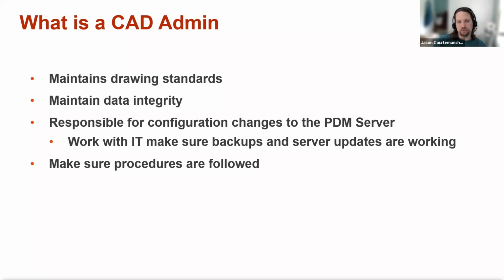There's a lot of features in Vault. It's easy to forget and not fully use Inventor or Vault, and the CAD admin really helps with the standards, making sure that everyone's following, whether it's top-down modeling or bottom-up or a hybrid approach. Everyone's product is different in the way that things are modeled.